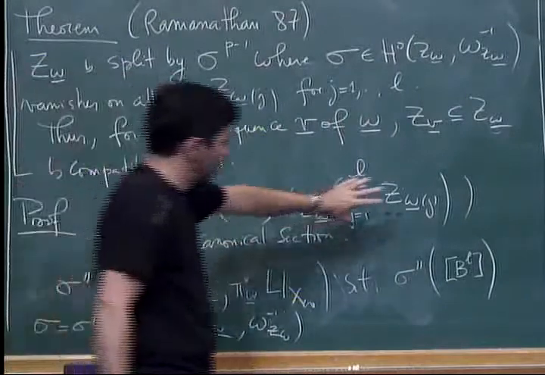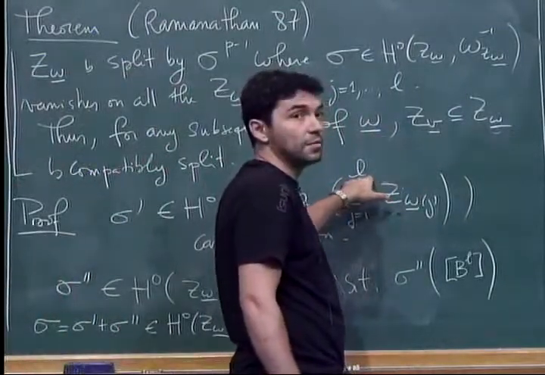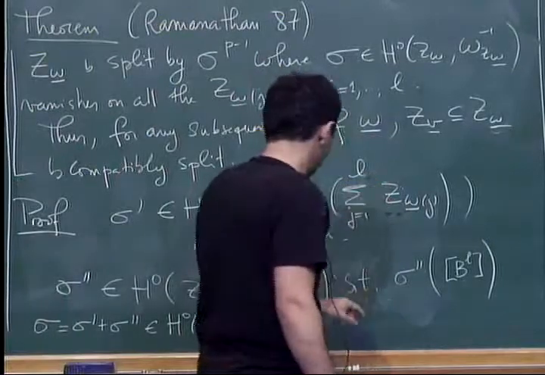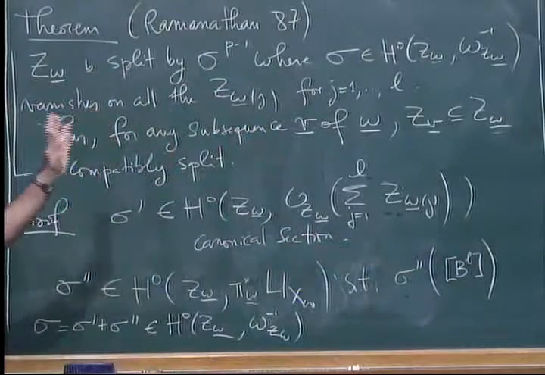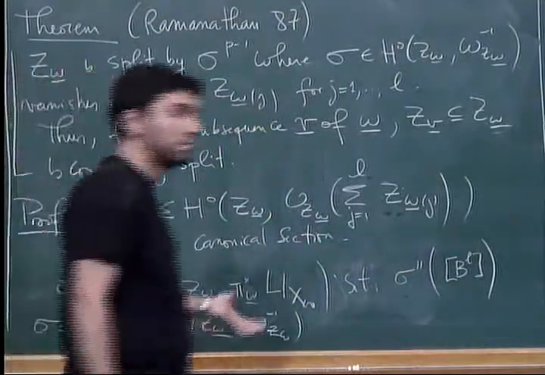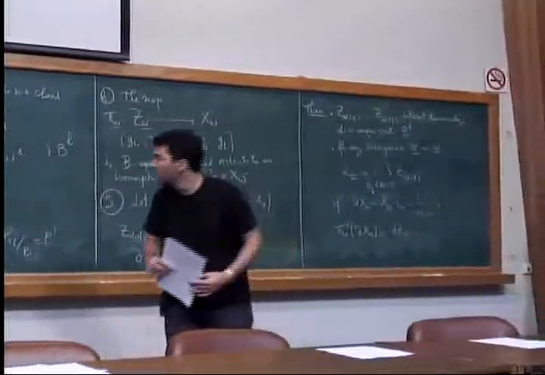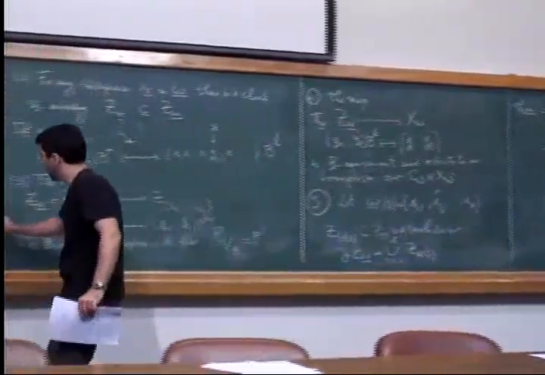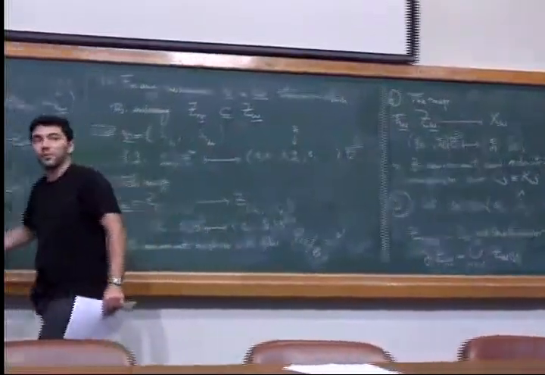These intersect transversally at some point. L is exactly the dimension of Z omega, and because of this condition the rest avoids this point. So you get a compatible splitting of all the Z. Sigma does not vanish at this particular point.